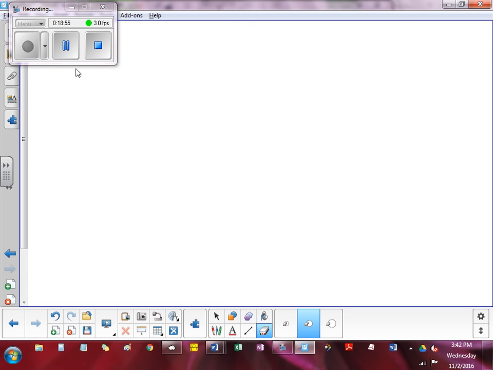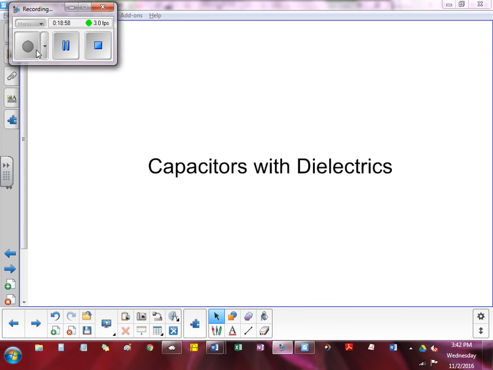Okay, the next topic is dielectrics. As you know, the unit for capacitance is a farad. It is basically a coulomb per volt, as we saw in a couple videos ago. And it is Faraday who it was named after. It's probably pretty obvious.